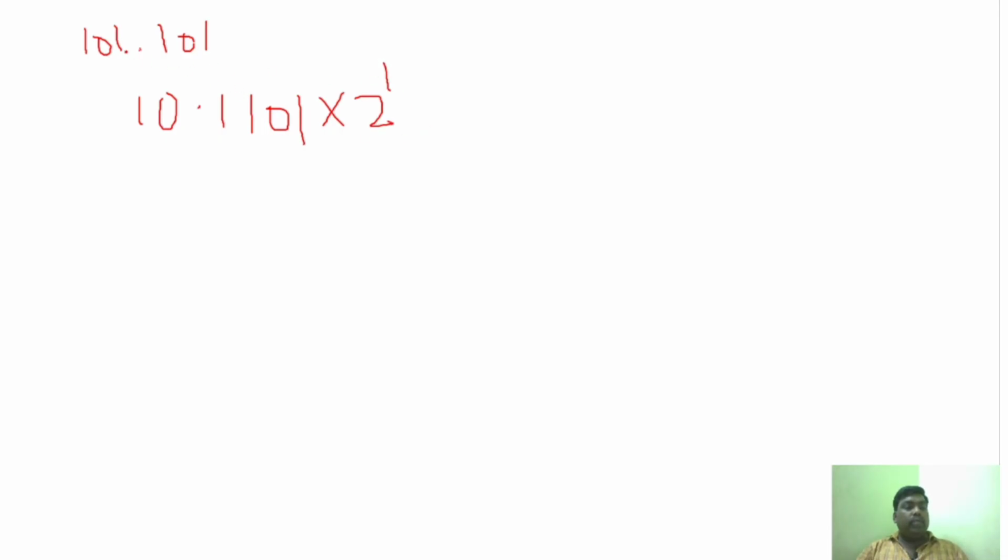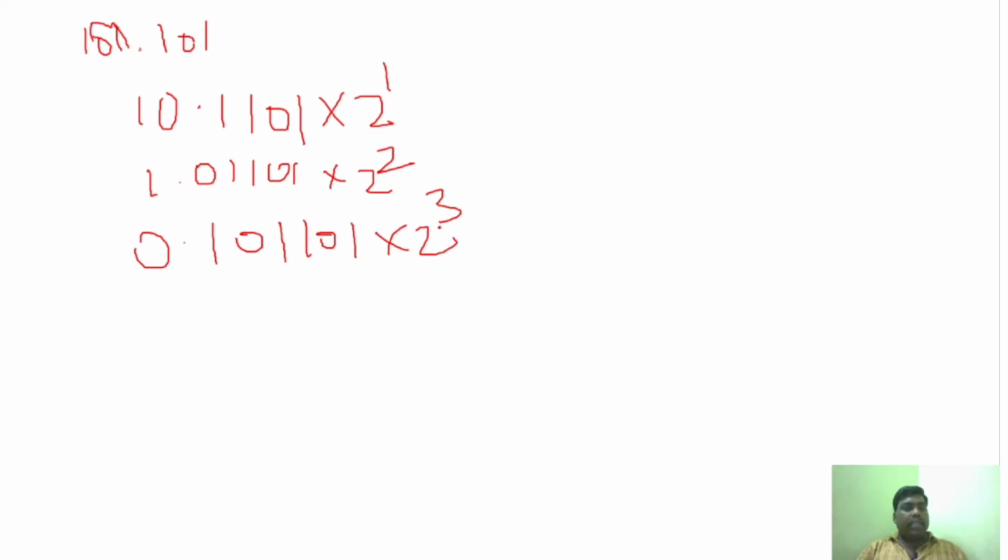That is moving towards the MSB. If I move it here, 1.01101, I have moved the decimal point twice. Similarly, if I move it here, 1.101, it is 2 to the power of 3.